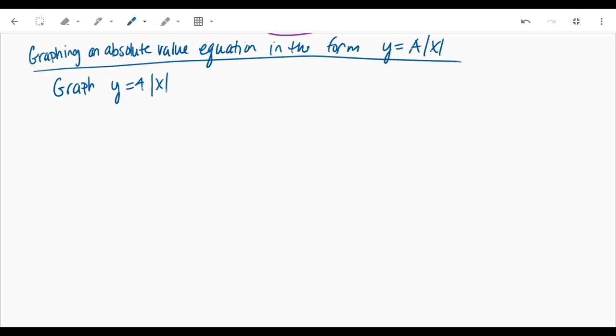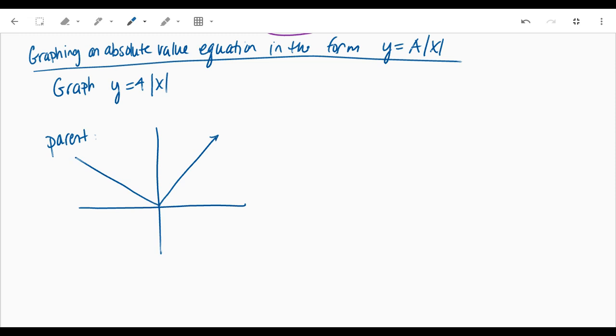If you guys remember your parent graph, please remember your parent graph. It had the vertex at 0, 0, and then we went up by ones. If you remember, A is your stretch factor.